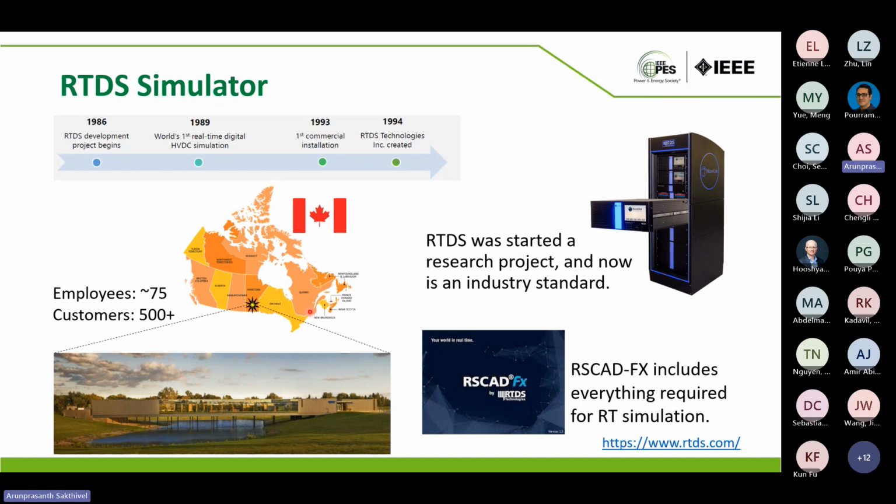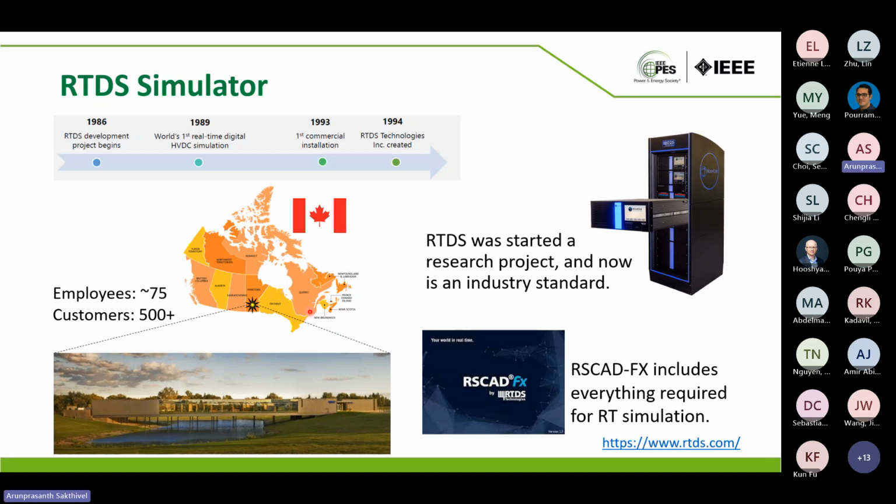Talking about a little bit of history of the RTDS simulator, the RTDS development project began at Manitoba Hydro, which is the utility in Manitoba, in 1986. And in 1989, we performed the world's first real-time digital simulation for HVDC systems. And in 1994, the company RTDS Technologies was created.